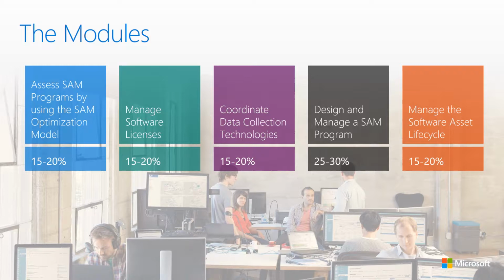At this point, we'll look at the importance of securing executive sponsorship and funding, and then how to design, implement and maintain a SAM program, as well as creating and maintaining a SAM program improvement plan. And finally, Module 5 is about managing the software asset lifecycle, and we'll look at managing request, acquisition, deployment and retirement processes, as well as how to track consumption and how to optimize assets. But let's get started with the content of Module 1.